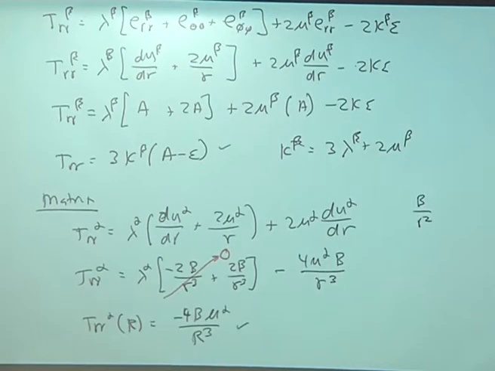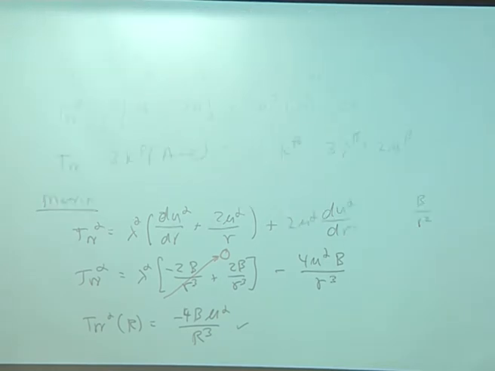And that's just algebra. So you basically end up with an equation that involves both B, 4B over R cubed plus 3K beta epsilon is going to be equal to minus 2F over R.